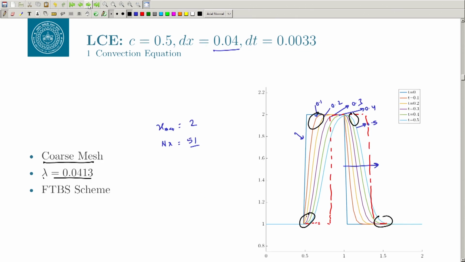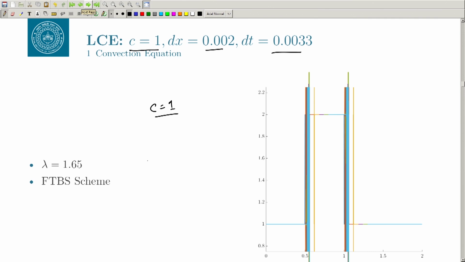Now we just double the convection speed, so my lambda has become 2 times that value, which is 1.65. So my Courant number exceeded 1, that means C delta t is now greater than delta x. I am jumping over the cells.